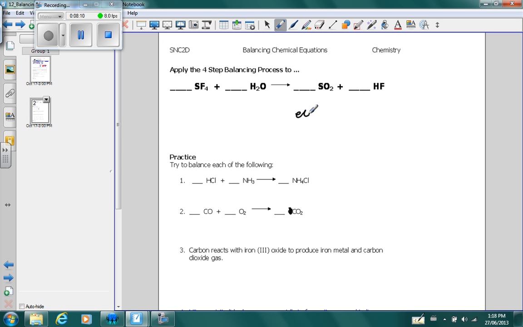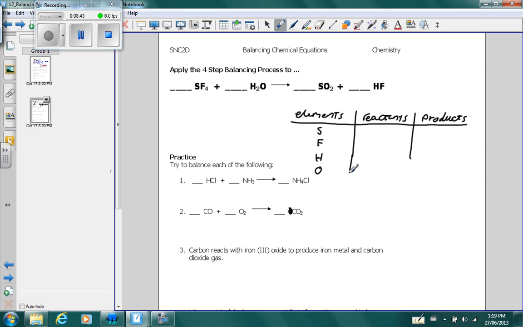So elements, reactants, products. So looking down the list, I start with sulfur, then fluorine, then hydrogen, then oxygen.